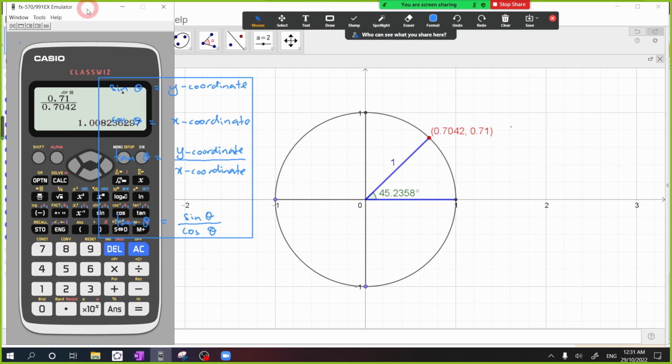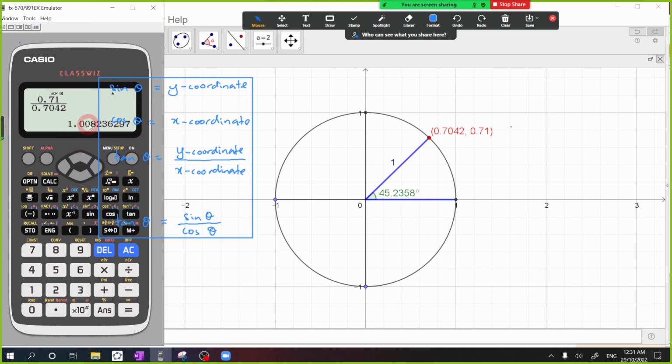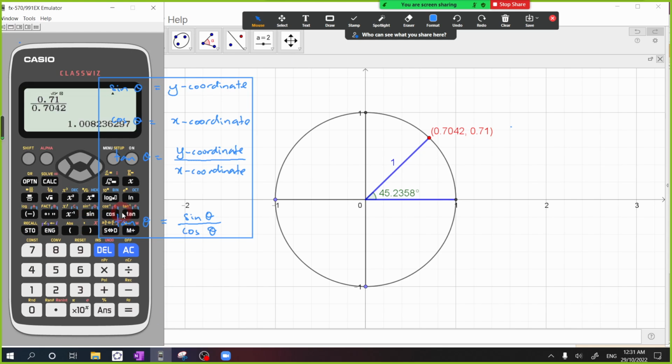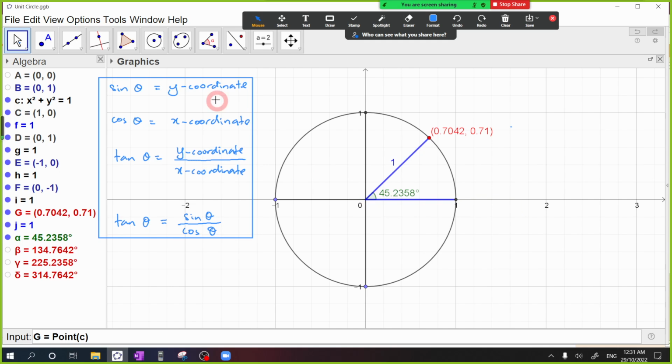Okay, so remember this number, 1.008. How about if I just directly press tangent 45.2358? We still get the same thing. Okay, hopefully now you understand this better.